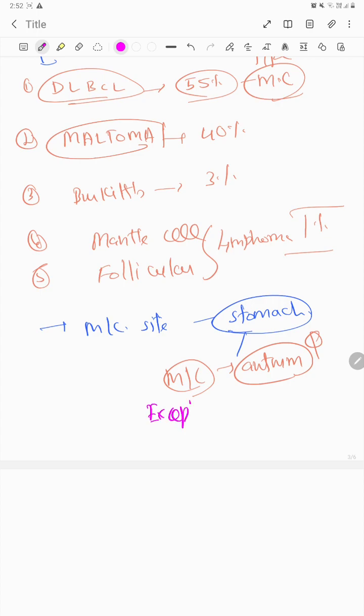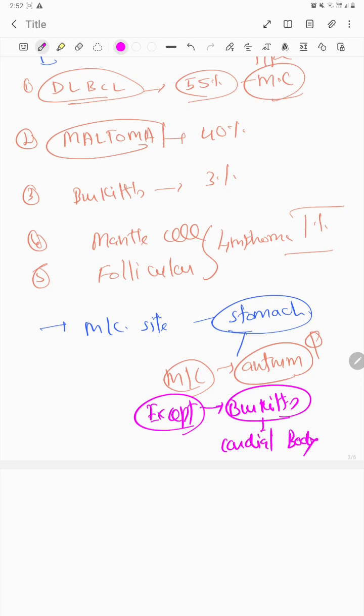The exception is your Burkitt's lymphoma, which is common in the cardiac and body region of your stomach.